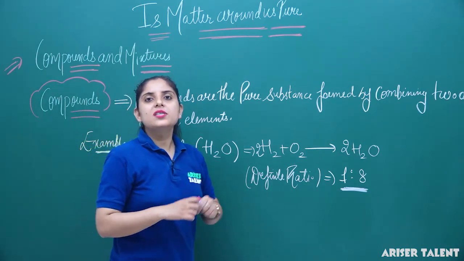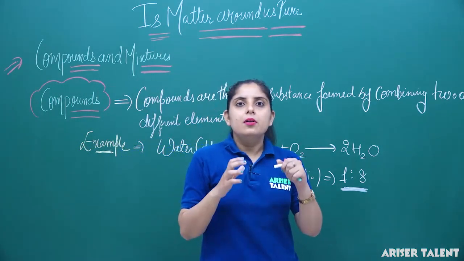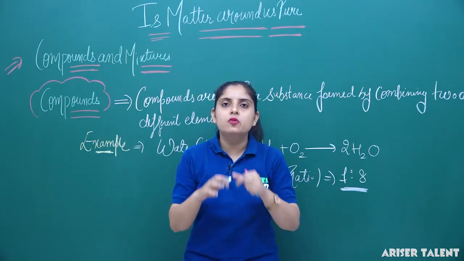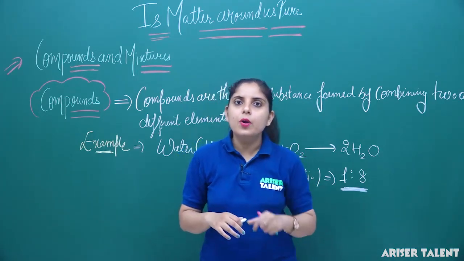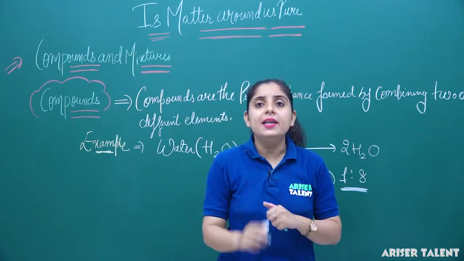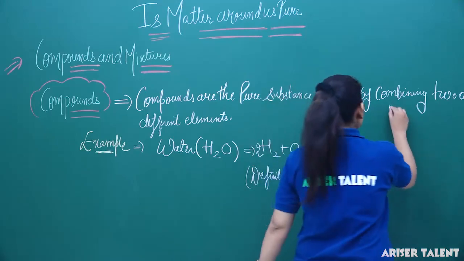Compounds cannot be separated by physical means. Suppose you want to separate hydrogen and oxygen from water, what do you have to do? You just pass electric current through it.